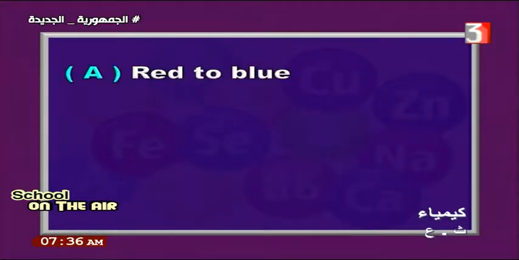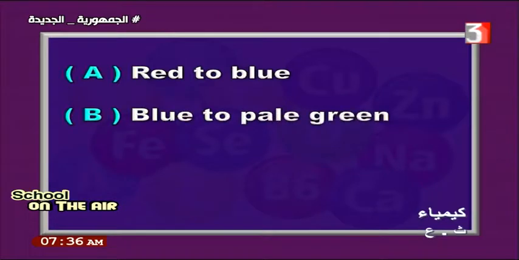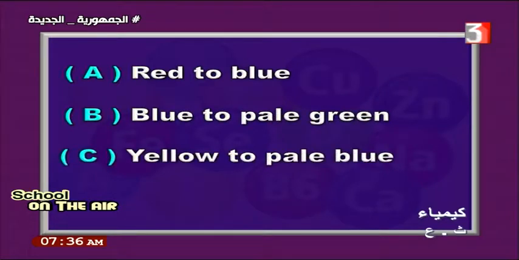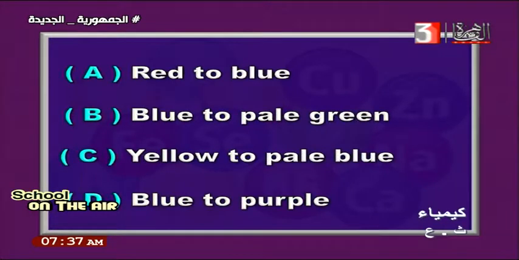Red to blue, or blue to pale green, or yellow to pale green, or blue to purple. If you think about it, yes, it will be blue to pale green, as the solution starts as a basic solution, and the bromothymol blue gives the blue color, and at the end point changes to pale green color.